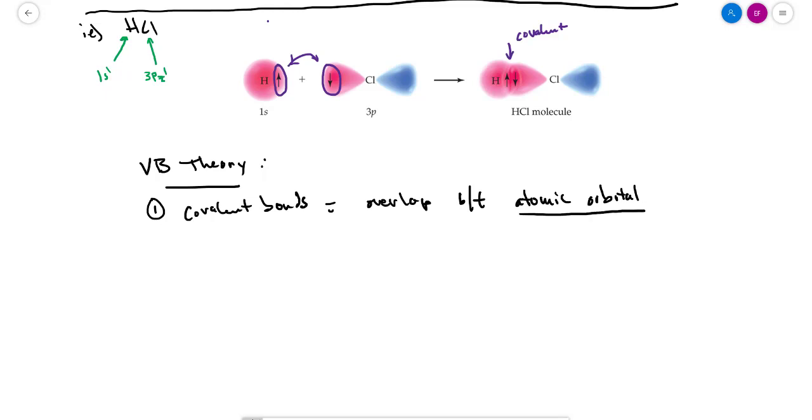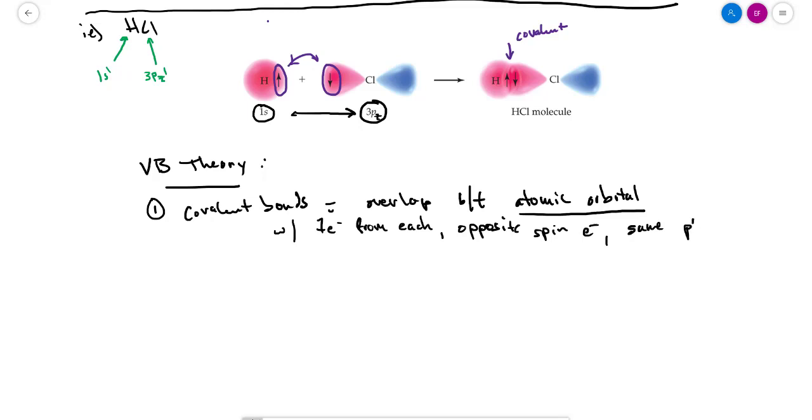So in this case, above for HCl, we had a 1s atomic orbital on hydrogen and a 3pz atomic orbital on chlorine. Those two things overlapped in space to form a covalent bond, and we needed one unpaired electron from each to form that bond, and they had to be opposite spin electrons, same phase orbital.